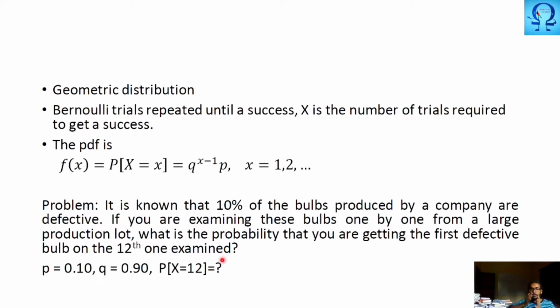Which means we are examining 12 units and the first defective one comes in the 12th, which means in the first 11 trials we got non-defective only. So it is simply q, that is 0.9 to the power 11, multiplied with 0.1. If you just calculate it, you will get the probability.